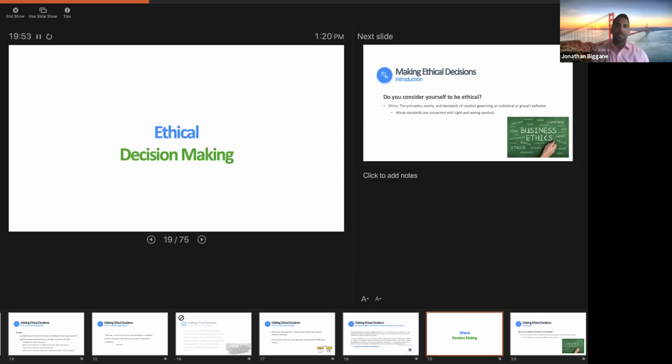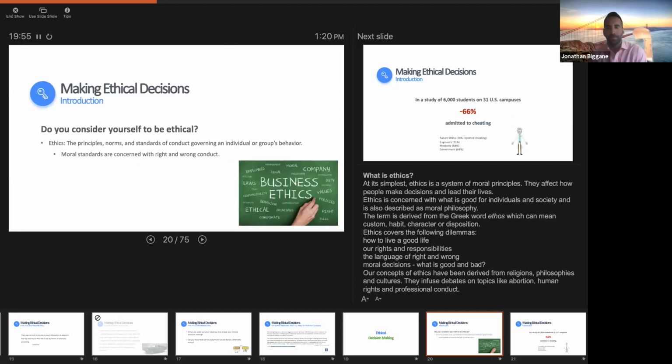So if I were to ask you, do you consider yourself to be ethical? Most of us would like to say yes, right? And ethics, when we break it down to its constituent parts, is the principles, norms, and standards of conduct governing an individual or group's behavior. With these ethics, we form moral standards or moral principles.